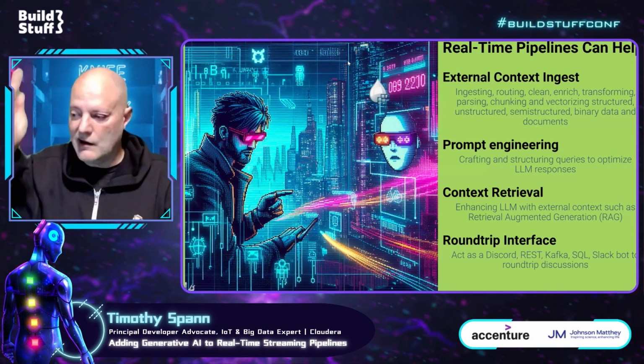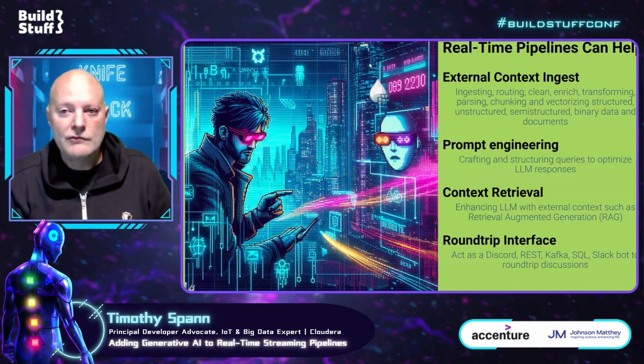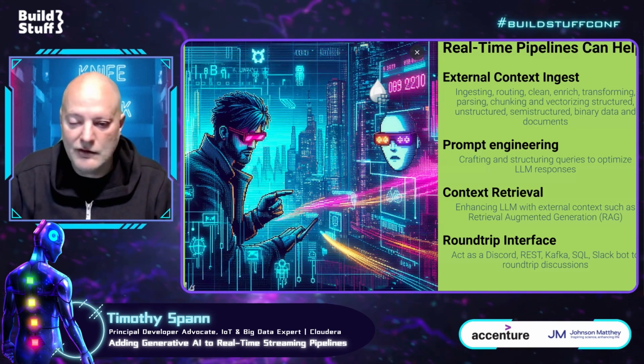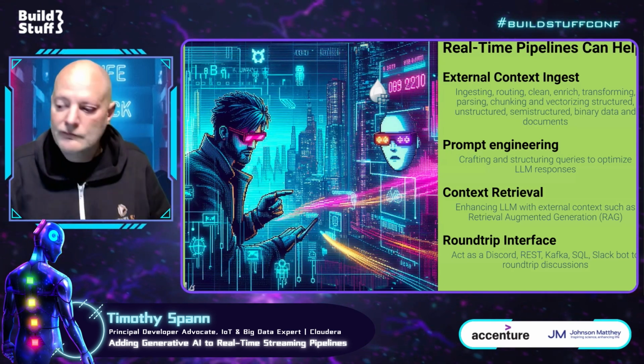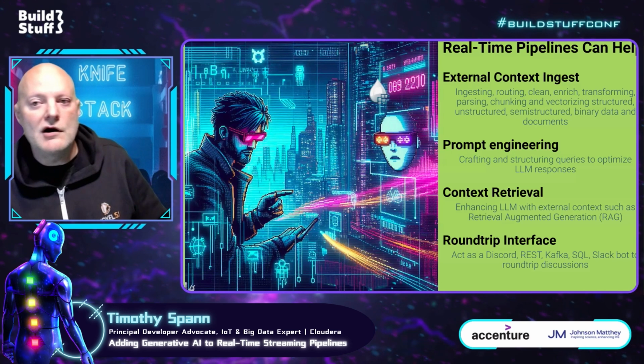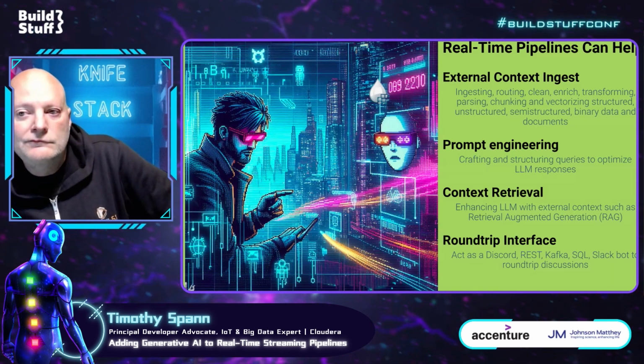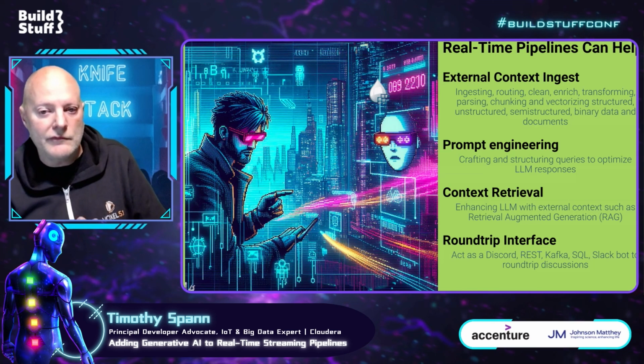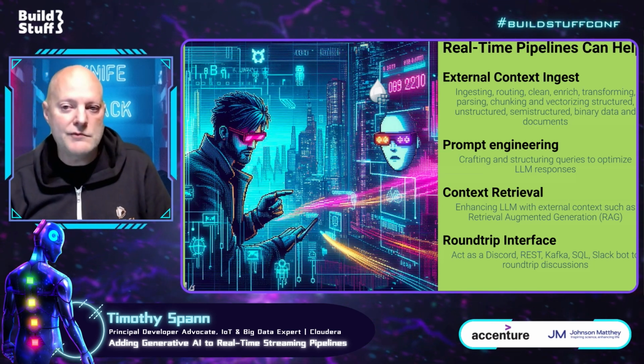Now, when you're making a real-time pipeline, there are a lot of things to take into account that we have to think about. First off, you have getting the context to build up your calls to your language model.